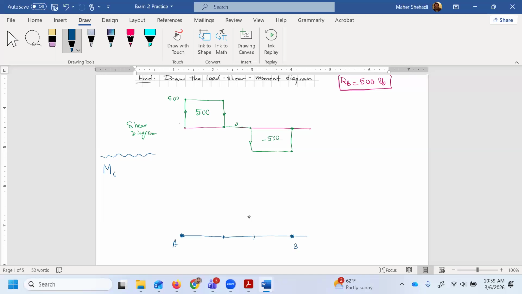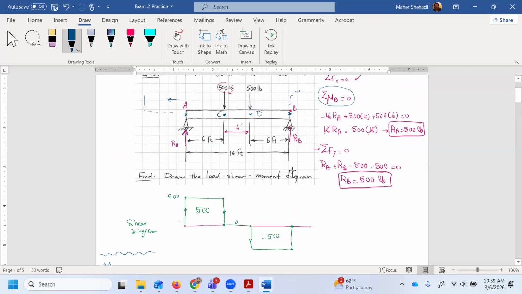So I'm at C. If we take a section at C, and I'm going to look from the left, I have RA equals 500. And then here I have the shear. I don't need the shear. I'm only interested in finding MC. And then I have the 500. It's not going to affect the moment because it's passing through C.